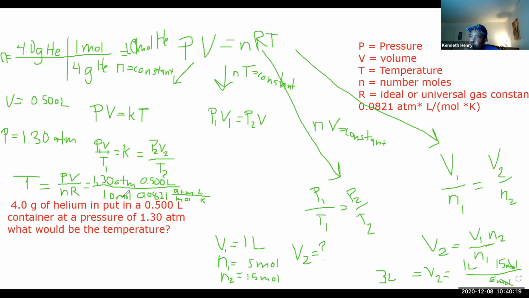So then moles are going to cancel. ATM is going to cancel. Liter is going to cancel. And so we have inversed, so our unit should be just Kelvin. Okay, what do you guys get?